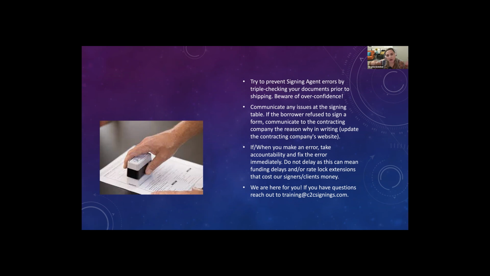And a lot of the time it costs Coast to Coast money. So just like I said, we're paying $1,400 to close a job when we were going to make 50. So how many signings do we have to do to make up for that 1,400 that we lost because of a notary error? So it's all about your attitude and fixing them.